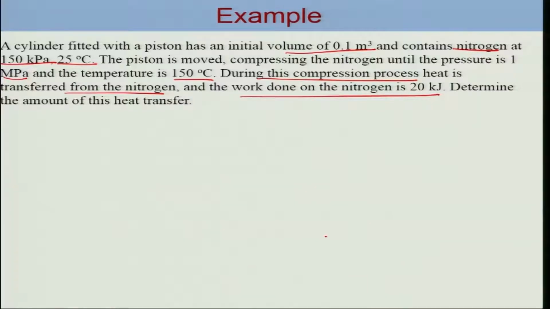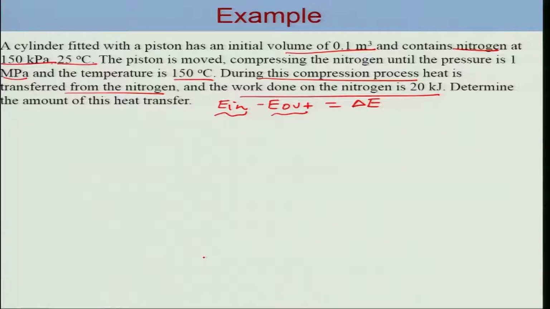There are two ways to do this problem. One is, of course, you can simply write E in minus E out equal to delta E. So this is one way where we know the net energy provided to the system and the net energy which is transferred out of the system.